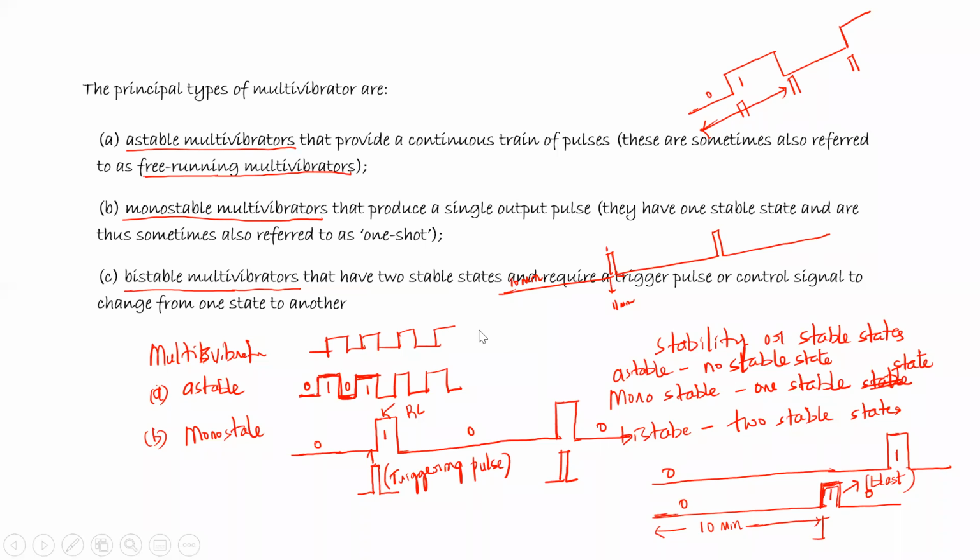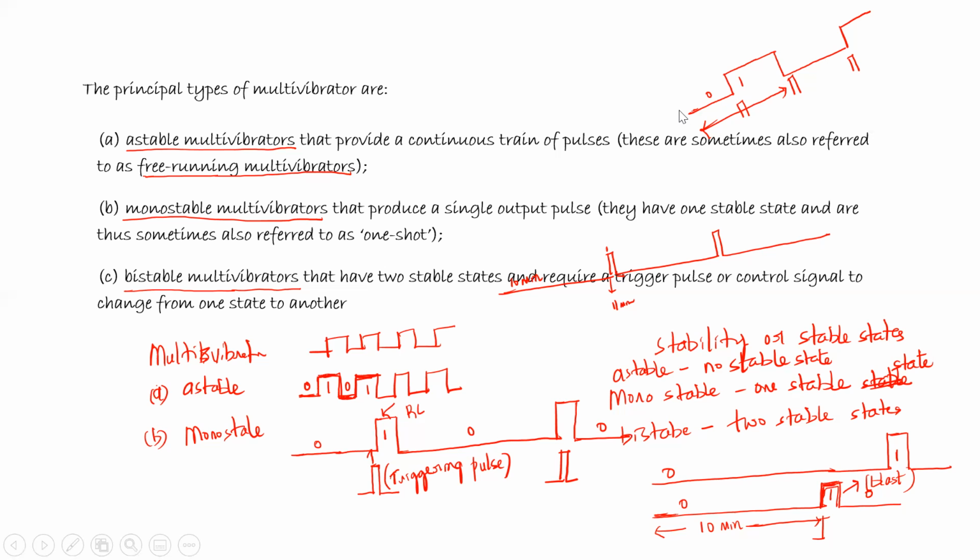From stable to unstable it is going, and the unstable state is 1. When I say unstable, it will come back to the stable state by itself. So we apply just one triggering pulse to make it 1. From 1 to 0, we don't have any triggering pulse. But in bistable, from 0 to 1 there is a triggering pulse, and from 1 to 0 also there is a triggering pulse, because 0 is also stable and 1 is also stable.